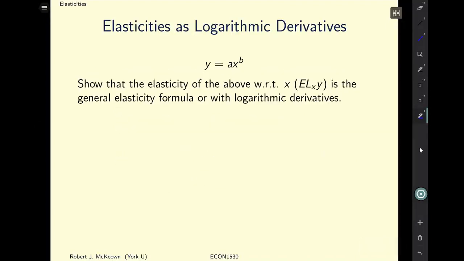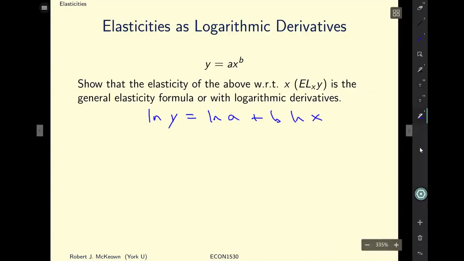There's also something known as elasticities as logarithmic derivatives. So let's look at this example that we saw before. Notice that it's actually a log linear expression. So if I take the natural logarithm of both sides here, we have the natural logarithm of y is equal to the natural logarithm of a plus b natural logarithm of x.